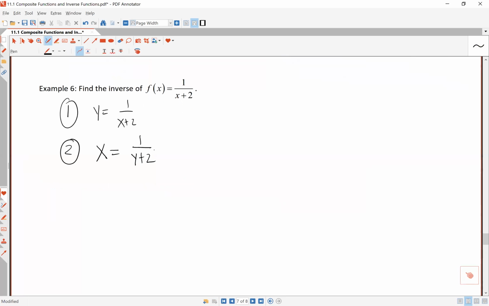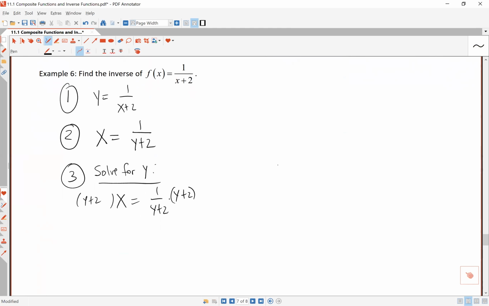Now I've formed the inverse, and now I have to solve for y. I'll do that by clearing the fractions, multiplying both sides by y plus 2. The y plus 2 is going, I'm left with 1 equals, and now I'll distribute this x across and write yx plus 2x.